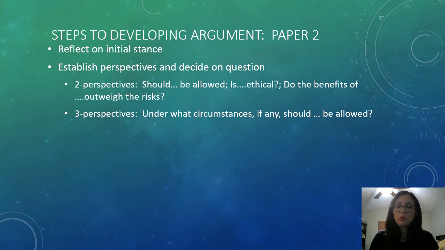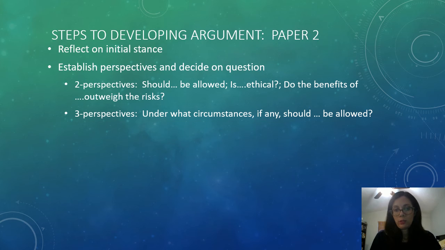Those are for issues where there seems to be a middle ground that might be better. So, for example, minors and whether or not they should be allowed to make their medical choices. You can see how in most circumstances that sounds bad, in some it sounds good, but maybe there needs to be something in the middle where under certain conditions, yes, minors should. So then that's when you would want to say, under what circumstances, if any, should minors be allowed to make their own medical decisions.